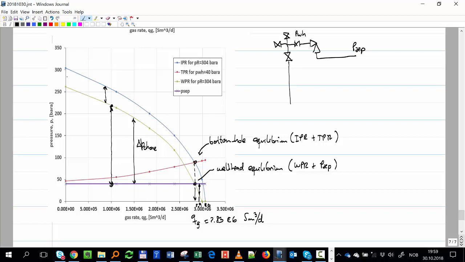First look at the energy. I have less pressure than what I need. I have a difference of maybe 20 bar, I need 40 bar. So I have to give energy to that fluid. How do I give energy to the fluid?